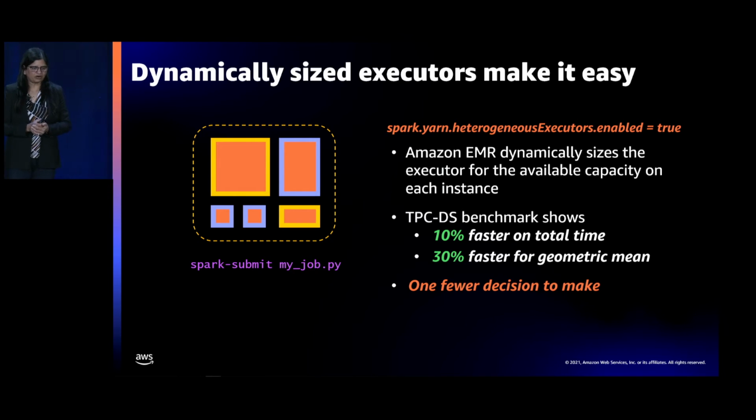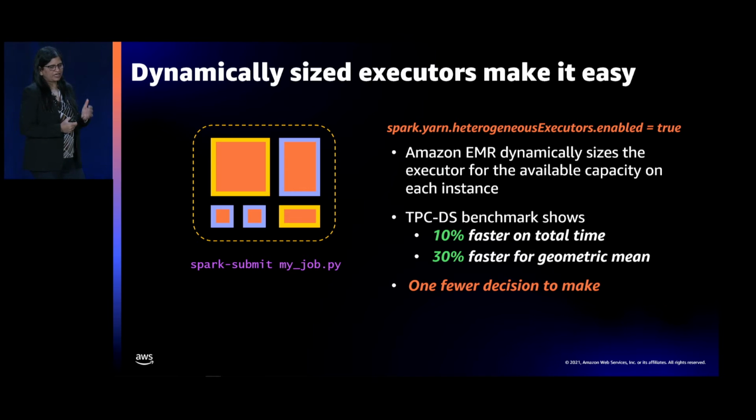Now, we introduced something called dynamically sized executors. This feature helps you not to worry about right-sizing your cluster in this scenario with heterogeneous EC2 instances. Using dynamically sized executors, you no longer have to specify the static number of executors when you launch your Spark Submit job. EMR sizes the executors for the available capacity on each instance.